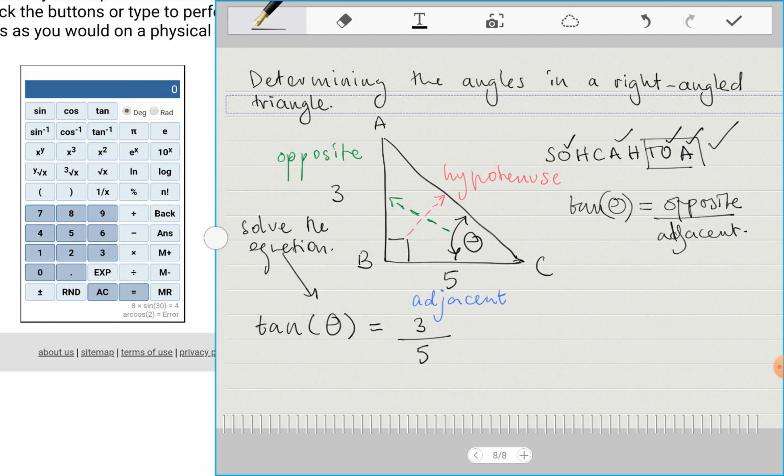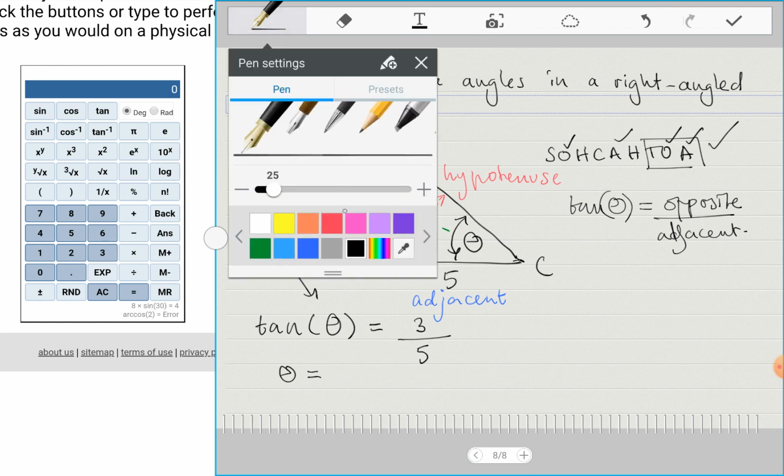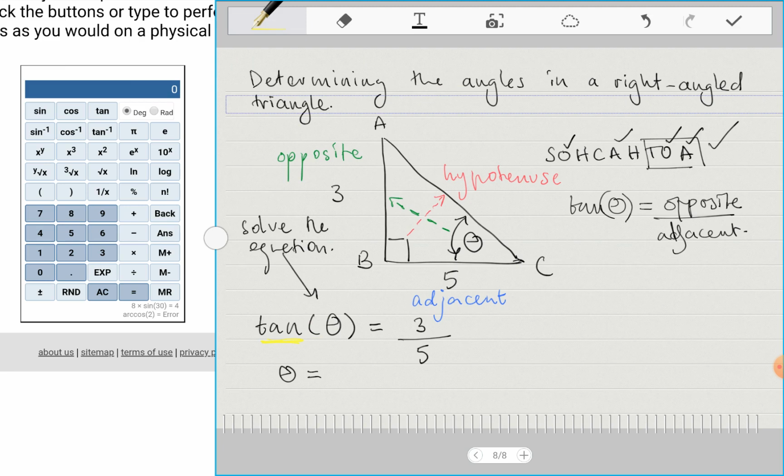We want theta to stay on this side, but we want to take the tangent across to the other side of the equal sign, so we get the theta alone, because we want that angle.